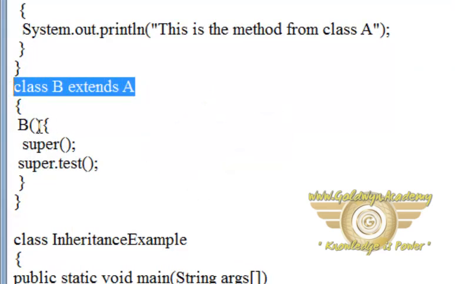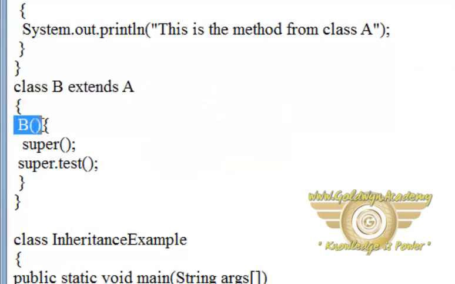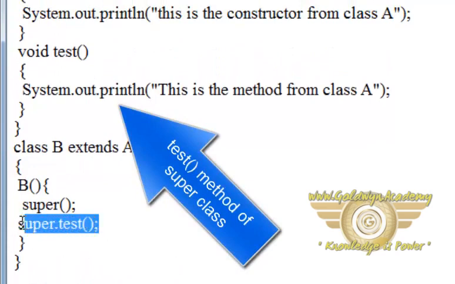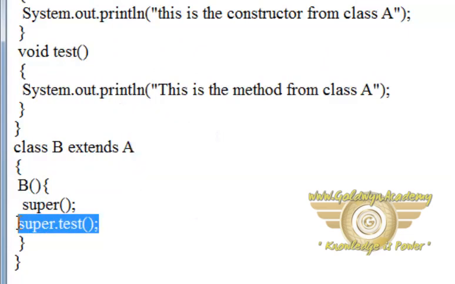Here this is constructor B. Here we have used the super keyword to call the constructor from class A, which means we should write super in the first line of the constructor of the subclass. Here this is super.test to call the test method of the superclass.